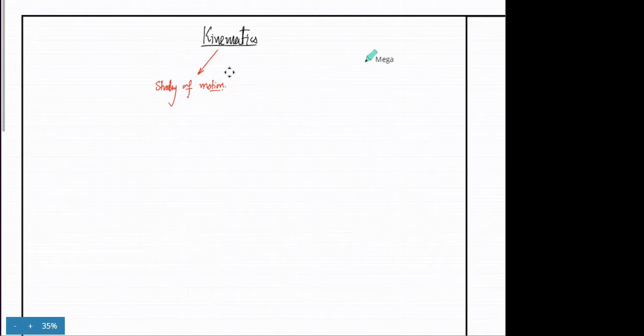Let's see. Who can tell me how we can differentiate something which is moving from something which is not moving?